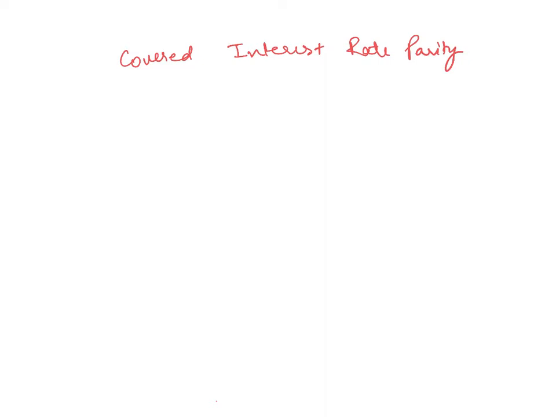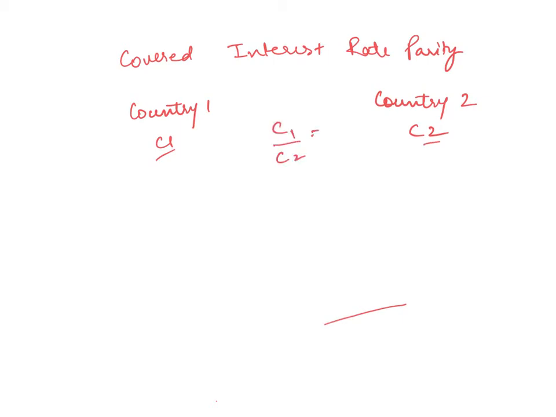So let's take an example. Country 1, country 2. Let the currency of country 1 be C1, and this one be C2. Let's say that our exchange rate is 5, just to make the calculations really simple. Let's say it's 5, and the interest rate here is 20%. Here it is 10%.